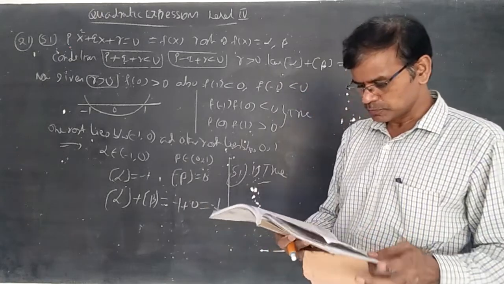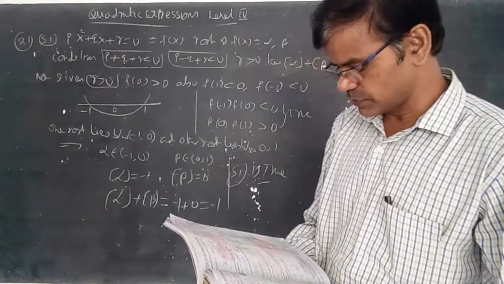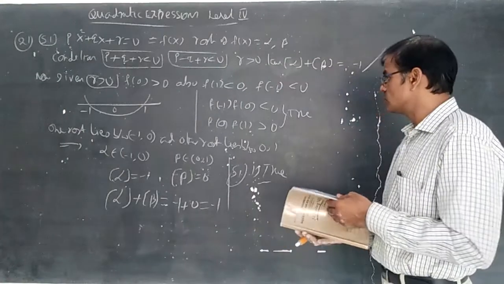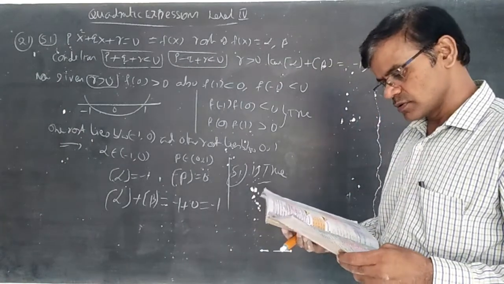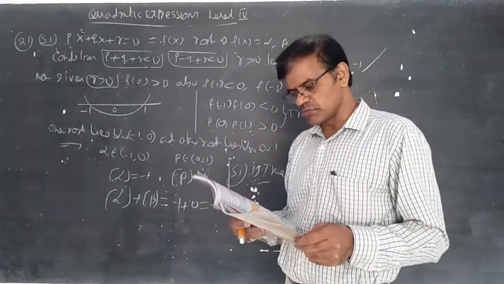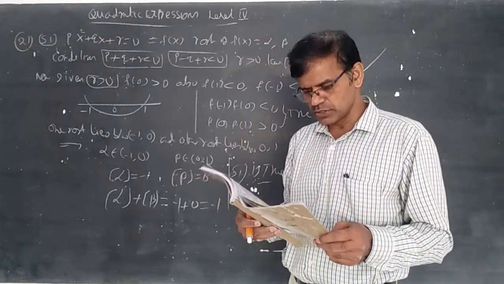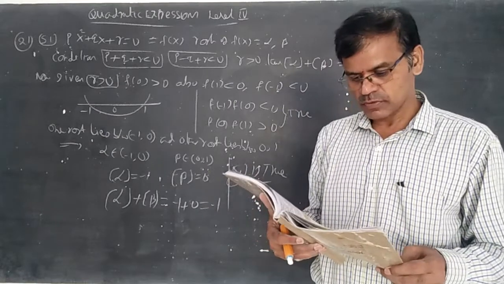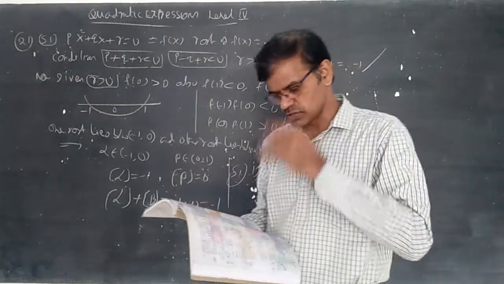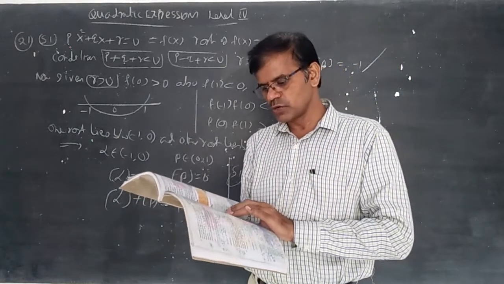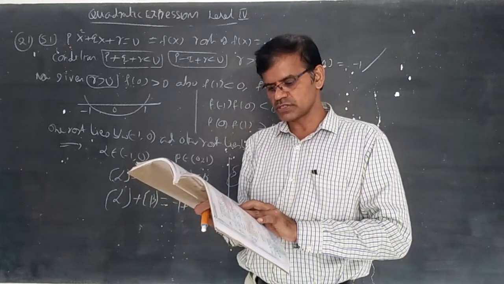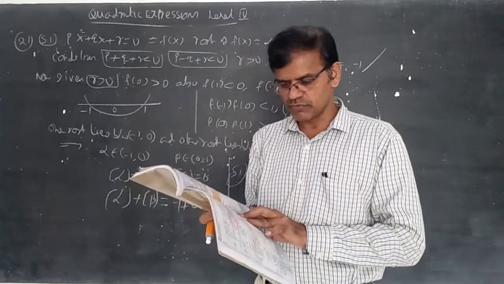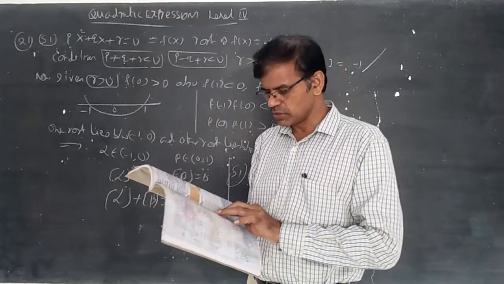Now, statement 2. 21st question. Statement 2 is given as: if polynomial equation p of x equal to 0 has 4 positive roots, then for any two real numbers a and b, function f of x such that f of a into f of b less than 0, f of x has at least one real root lying between a and b.